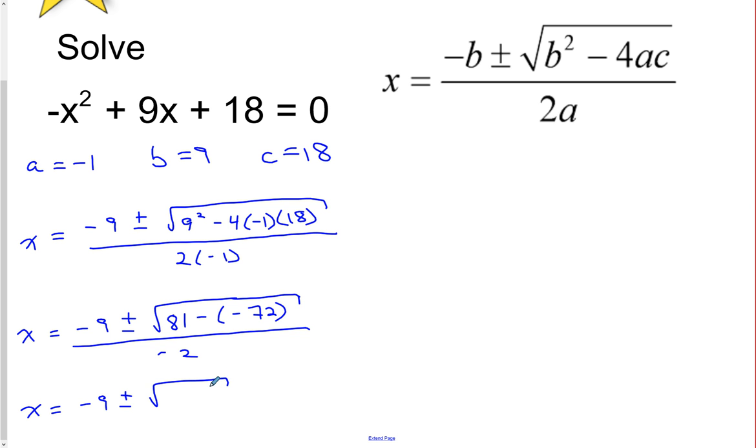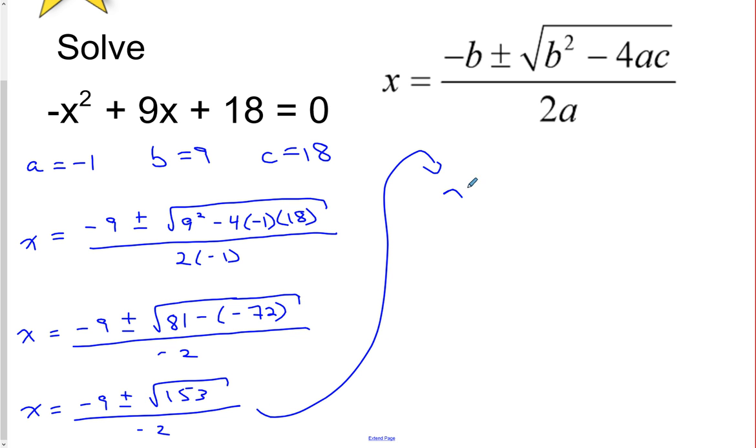Okay, so 81 plus 72, we're going to end up with 153. You might notice that there's no even square root for 153. So we're just going to need to use a decimal number for that if we want to do it exactly. So it's going to be plus or minus 12.4 when we round off to one decimal place. It's a repeating decimal though.